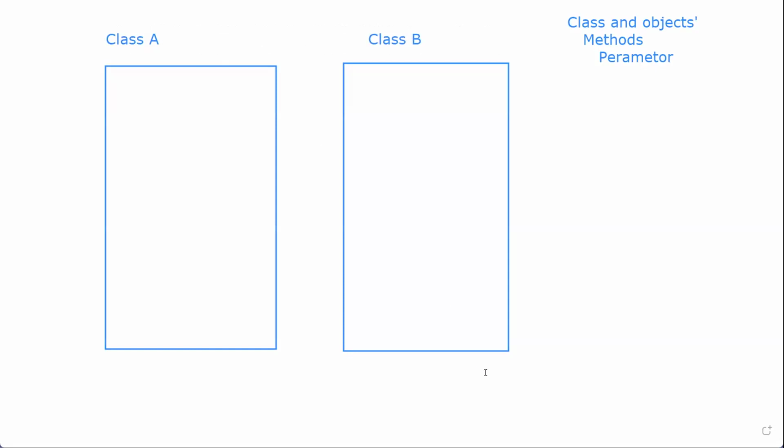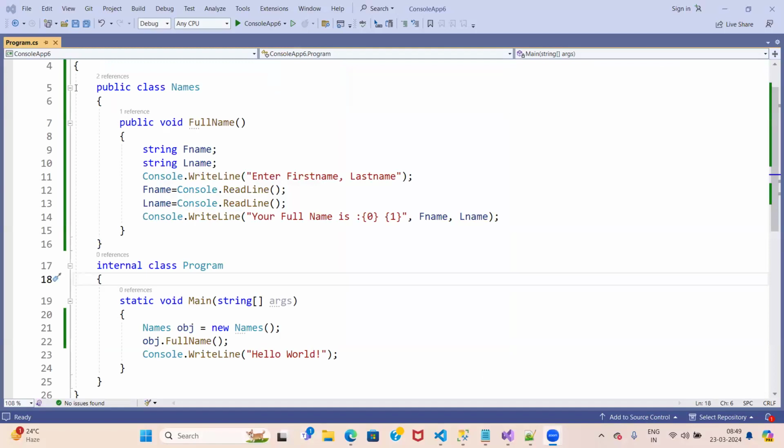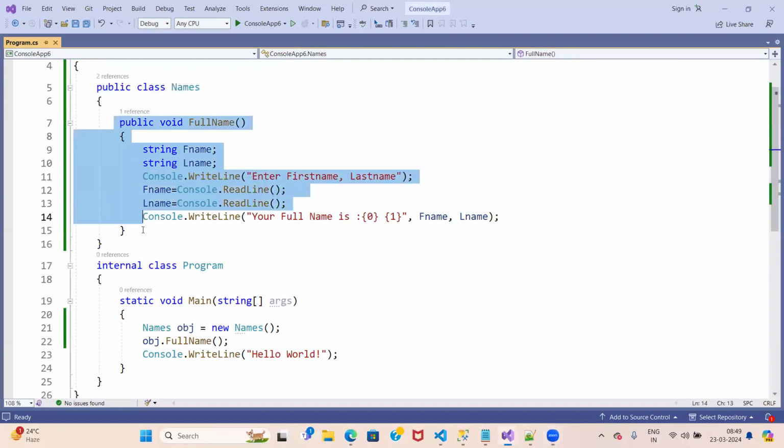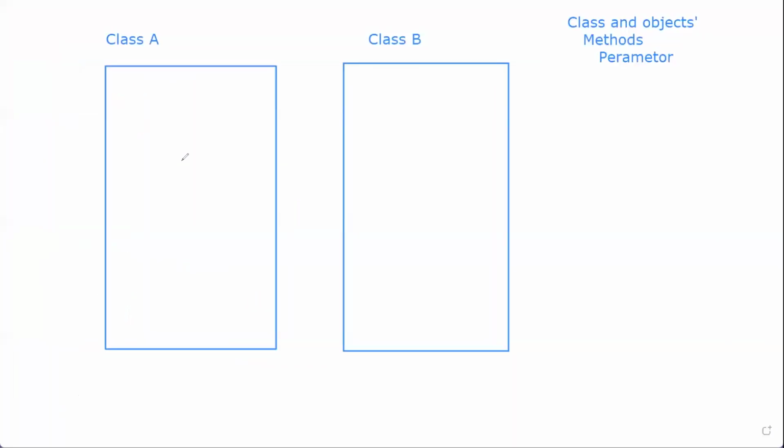Now, a class will contain methods. You can see my source code, I guess. Here I have one class, and in the class I can have methods. A class will have a few methods, so let me define some sample methods here.